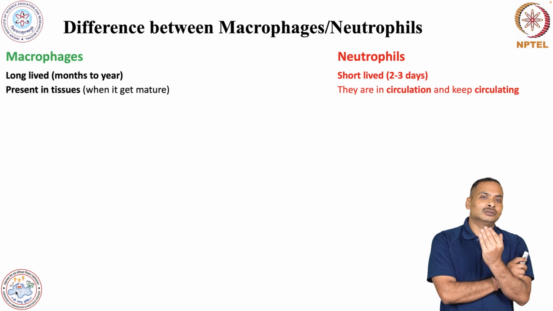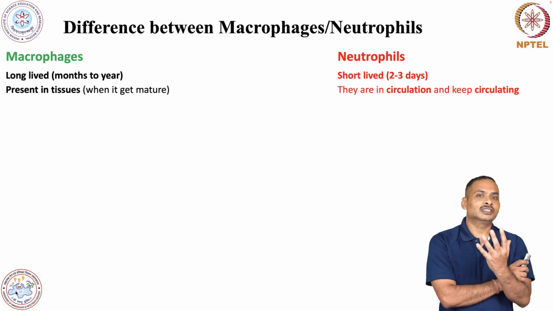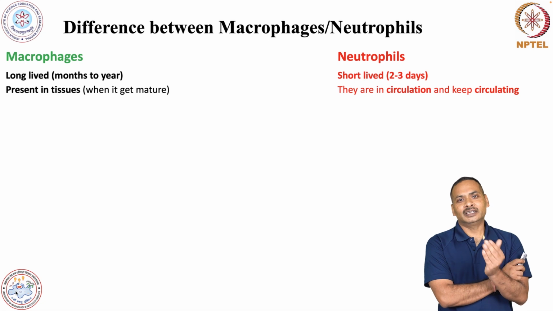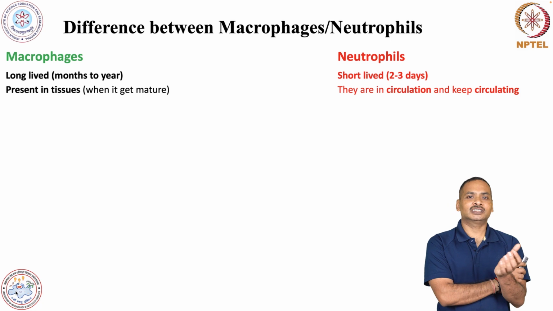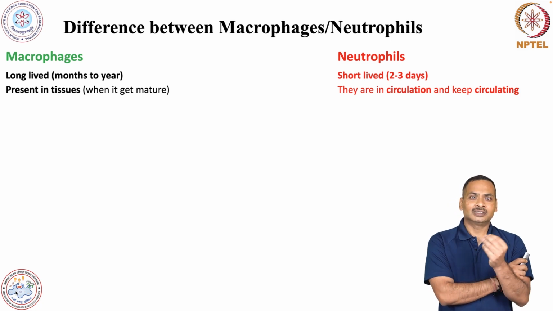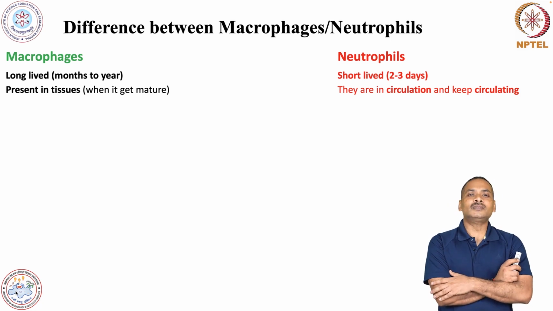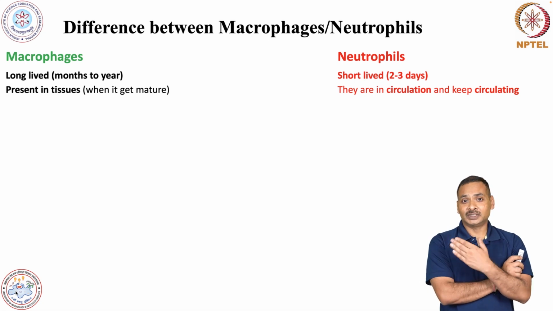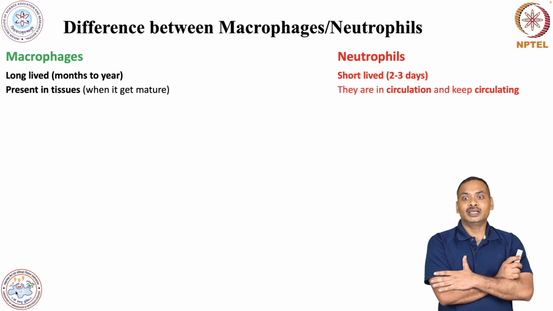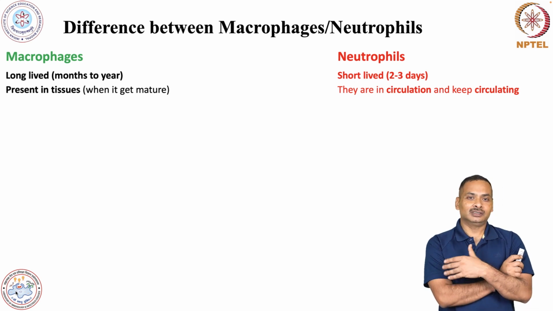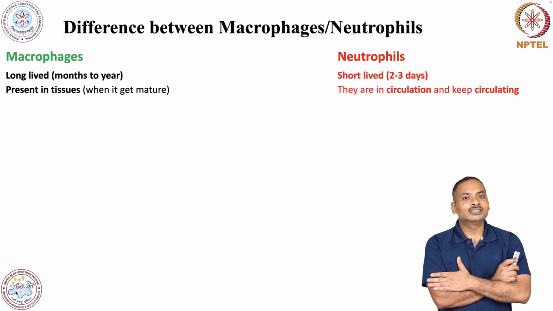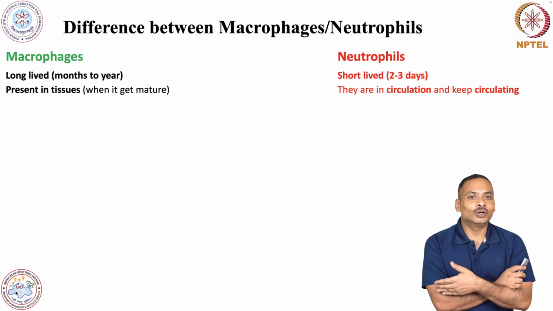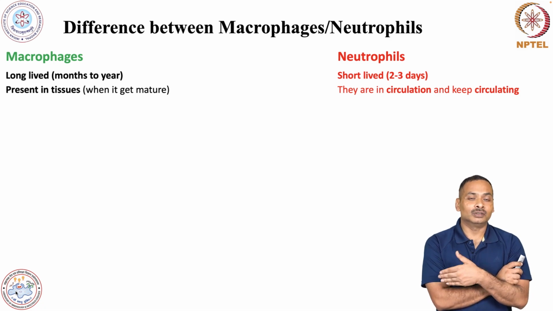These macrophages mature in the tissues and work there, with functions such as cleaning cell debris and other things. On the other hand, neutrophils are present in circulation, they keep circulating in blood, and they very frequently encounter blood-borne microbial pathogens.